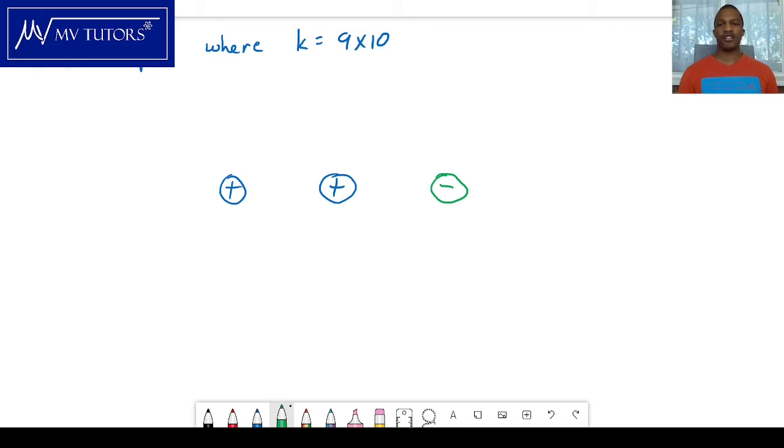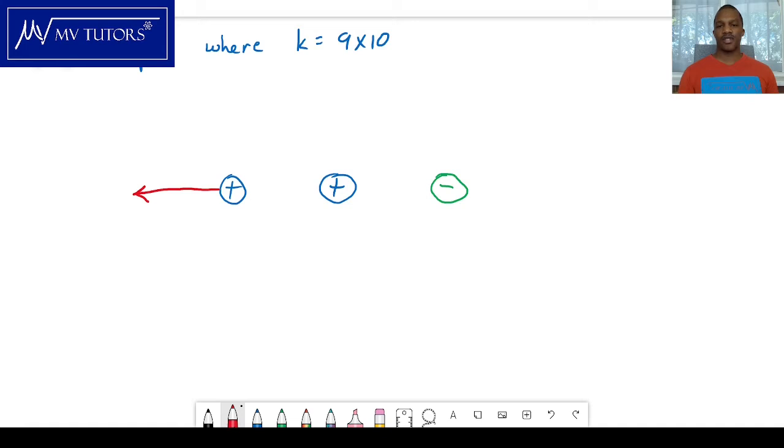What will the electric field look like on the middle one? The 2 positive ones will repel, but the positive and negative ones will attract. So this one, let's say it repels by a big magnitude like that.